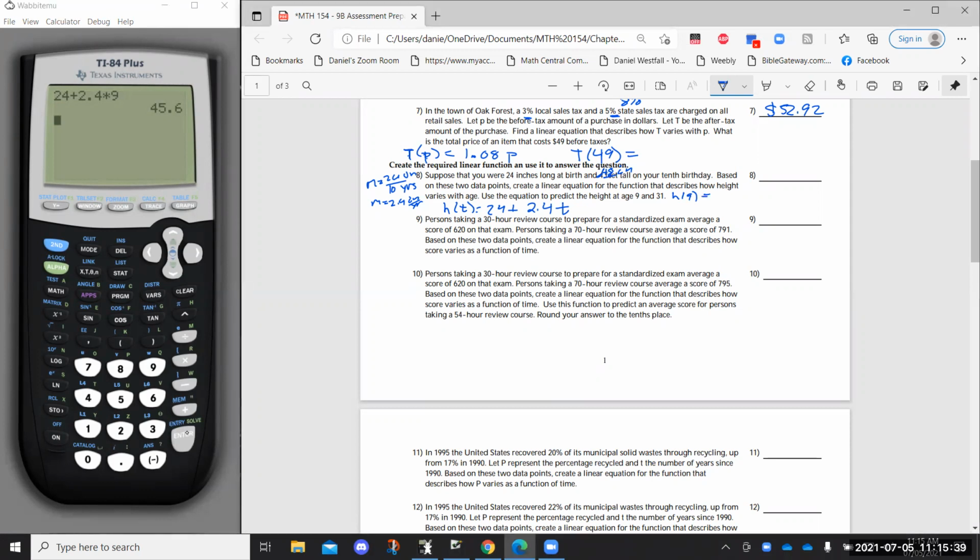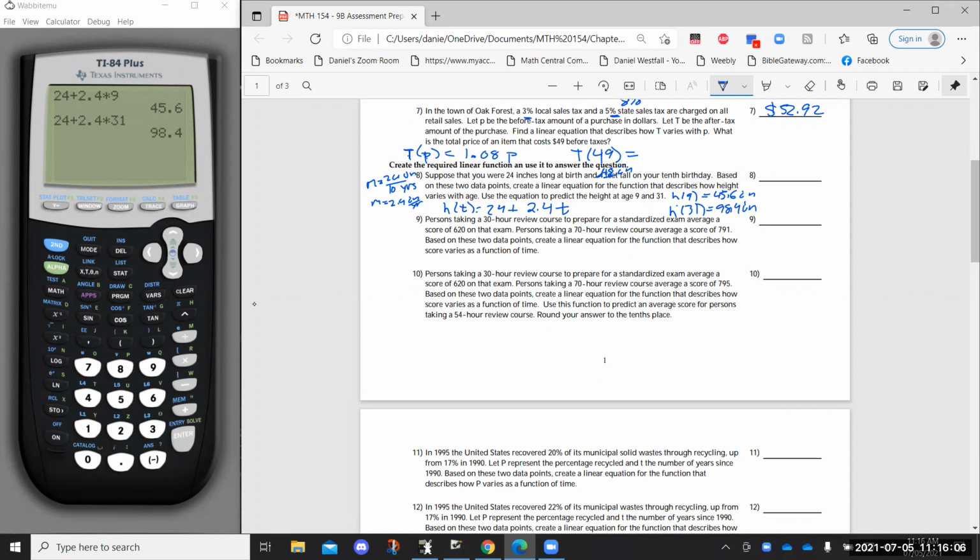This should be 45.6 inches. And at age 31, 24 plus 2.4 times 31 is going to give me 98.4 inches.